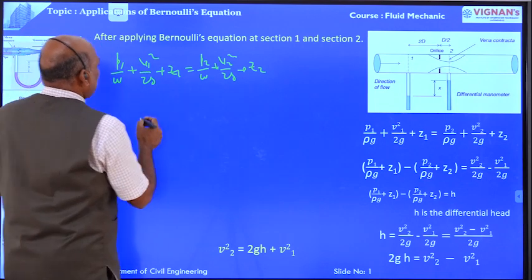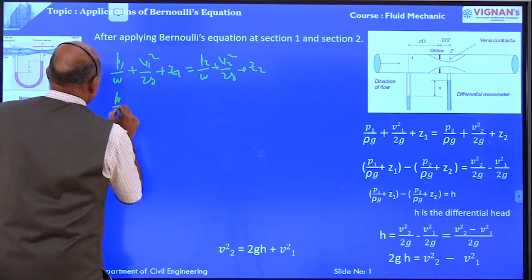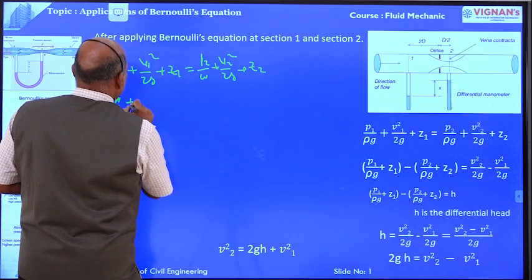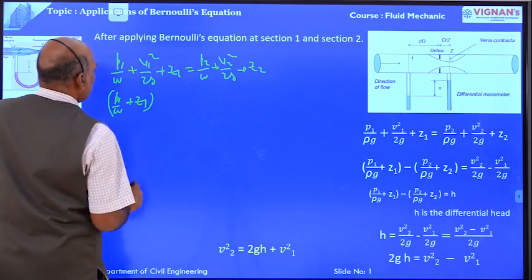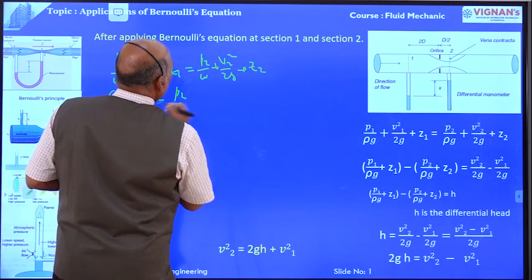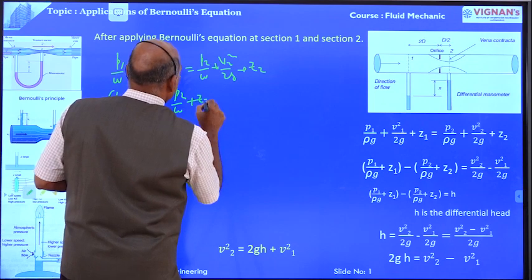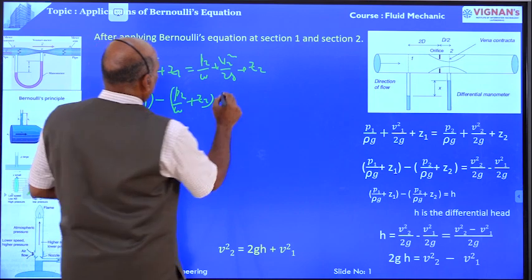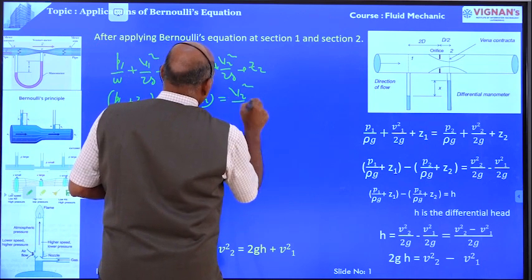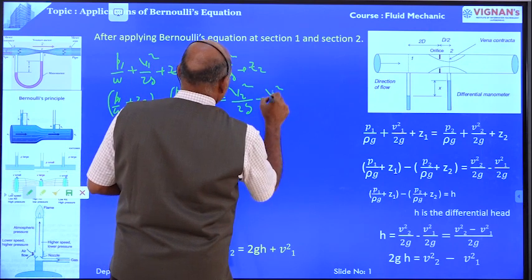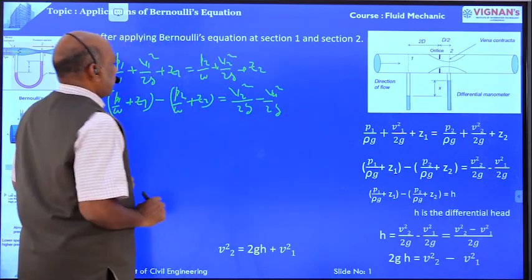Now, this equation can be written as P1 by W plus Z1 minus P2 by W plus Z2 is equal to V2 square by 2G minus V1 square by 2G.